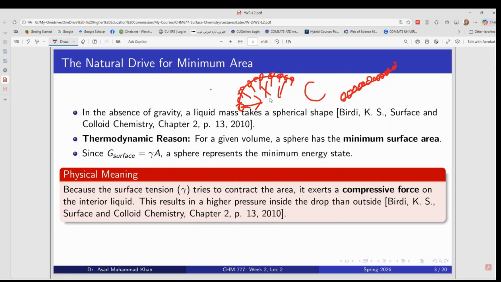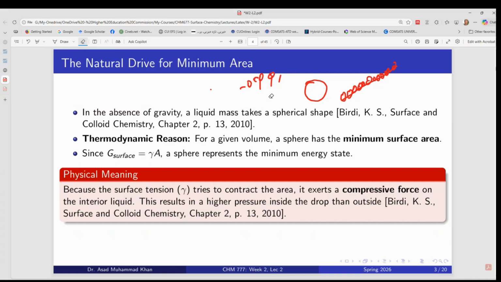So if you have a spherical body formed, then that will give you the minimum surface area. And it means that if the surface area is minimized, then whatever body it is, it is going to save some energy. Okay, is this understood? Understand that?